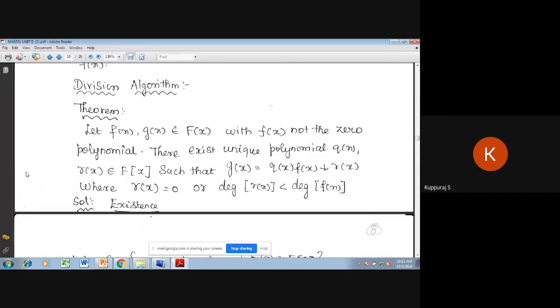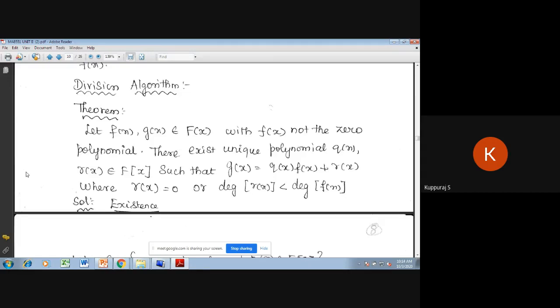Okay. So already you have studied the division algorithm. The same division algorithm is defined on polynomials also. So g of x is equal to q of x into f of x plus r of x. Sometimes the remainder may be 0, that is r of x is the zero polynomial, or the degree of r of x is less than the degree of f of x.